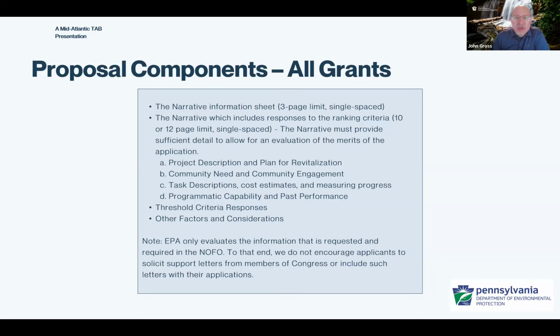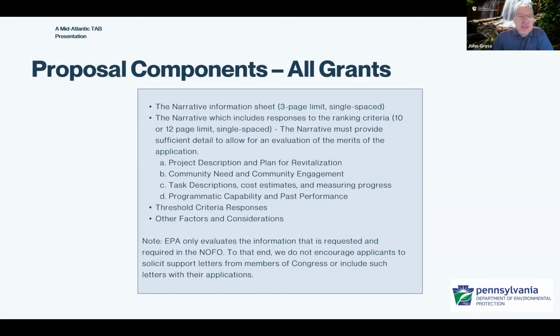EPA gives a very structured NOFO, notice of funding opportunities. Oh my gosh, I can't even say it. We always just say NOFO because it's just easier to say. The general thought here is that EPA gives you that structure so that you can go through and answer everything as it needs to be answered.